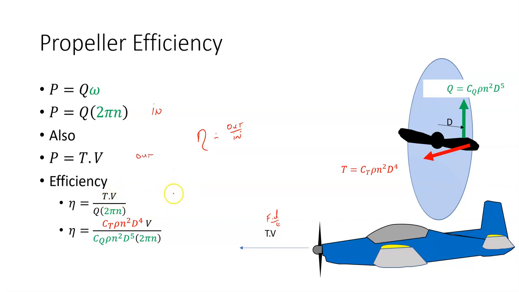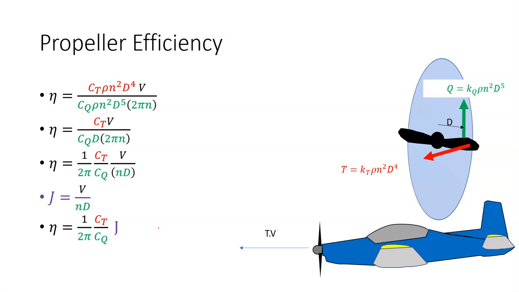So instead of thrust now, I'm going to say it's CT rho n squared d to the power 4 times the velocity, all over the torque, which is CQ rho n squared d to the power 5, 2 pi n for omega. And there's my formula again, and then things just start cancelling out. So that goes, that goes, that goes, that goes, that goes. That comes just d.